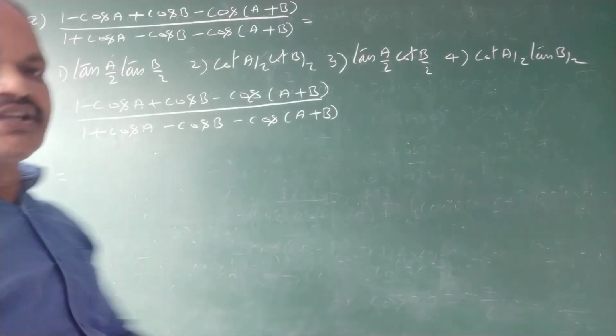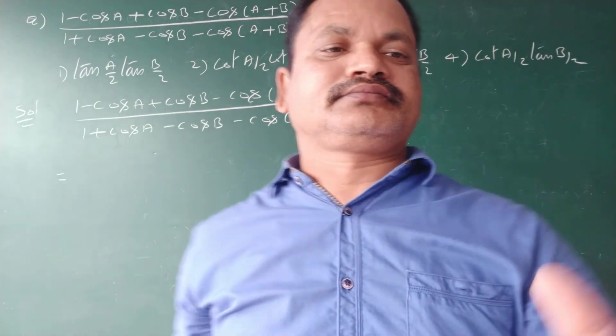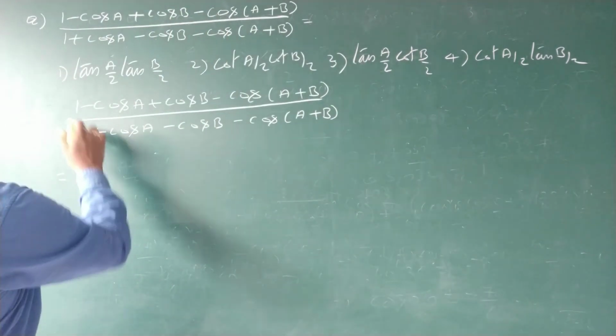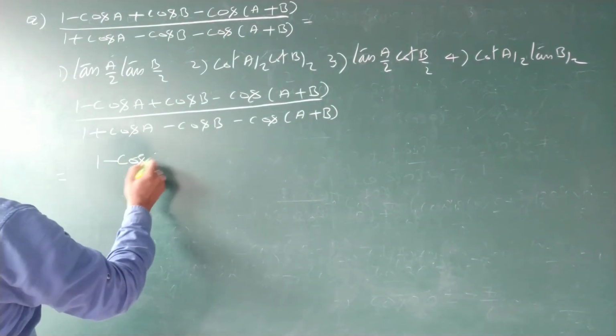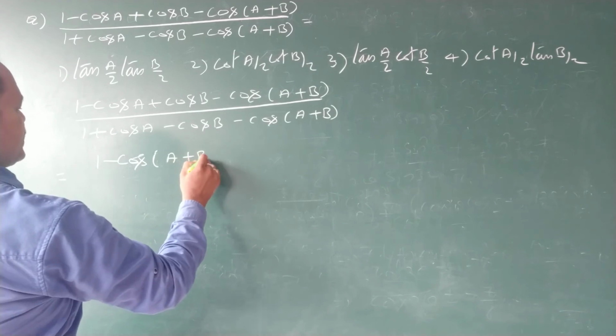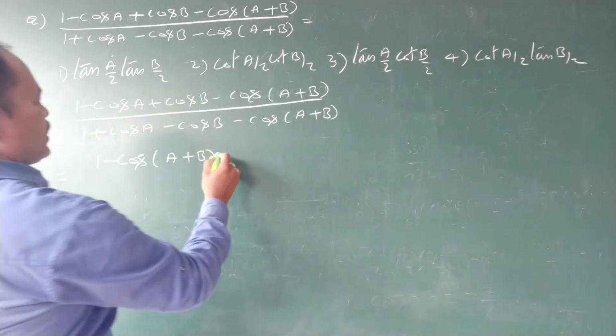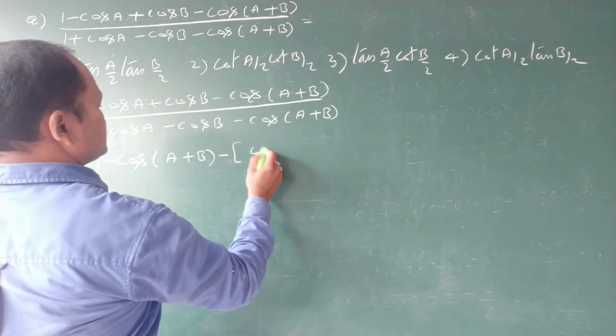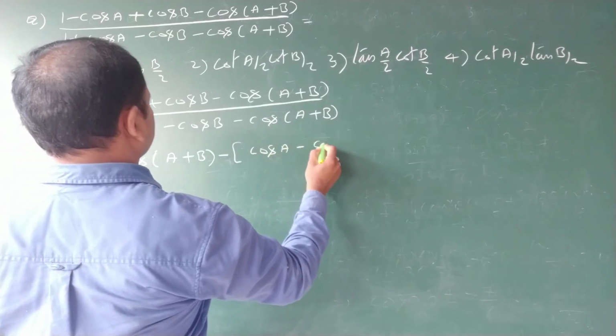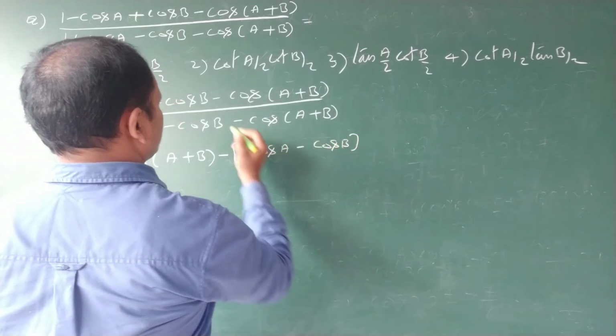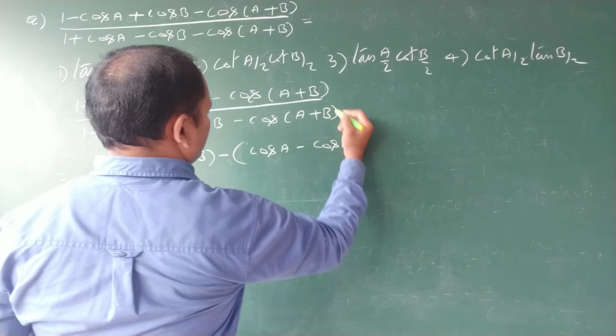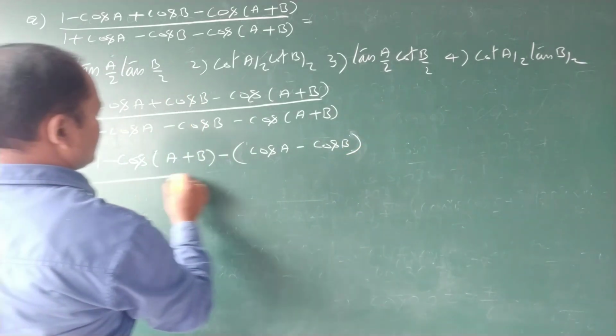The numerator can be written as 1 minus cos of A plus B, and from the other two terms we take minus common, giving cos A minus cos B. Since we have to take common, we have to rearrange both the numerator and denominator.